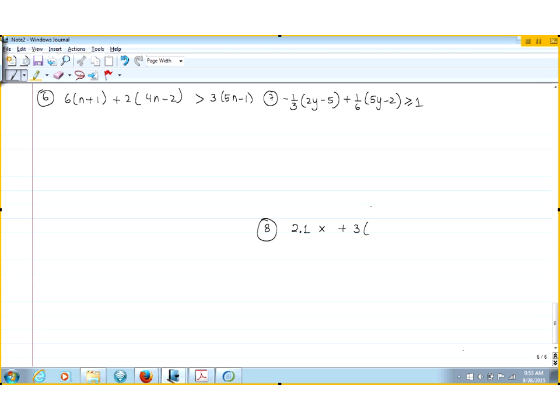2.1x plus 3 times 1.4x minus 1.5 is greater than or equal to 0.09x plus 20.34.